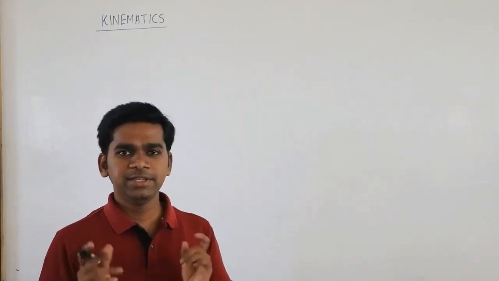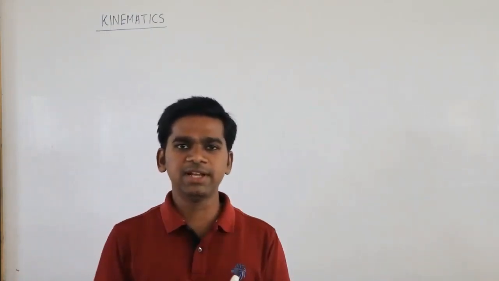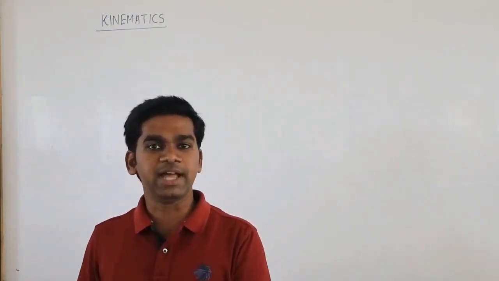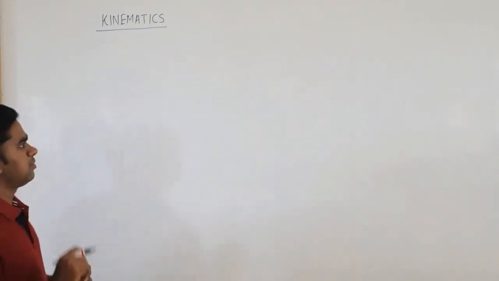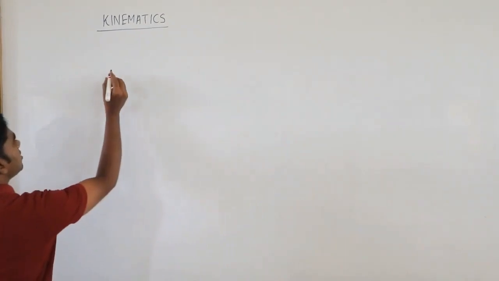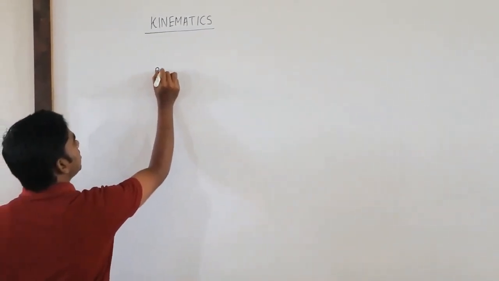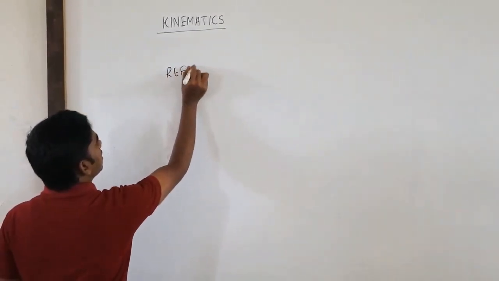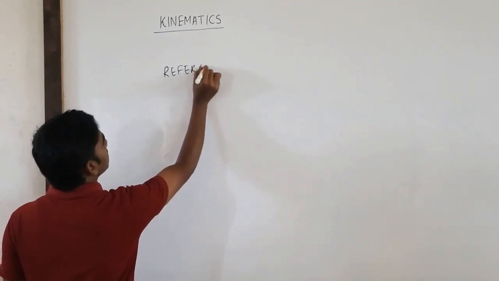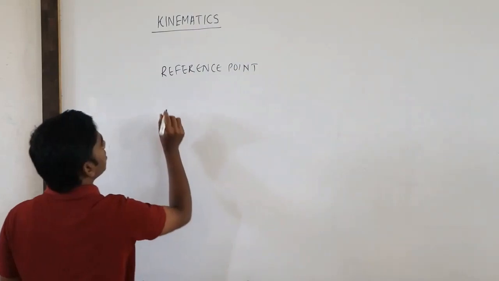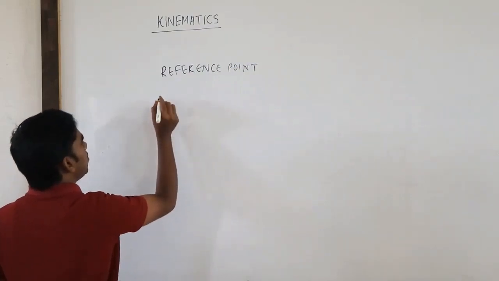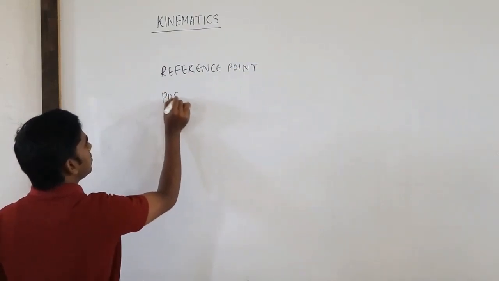And we are in the bridge course. You already know we are discussing whatever you are studying in your high school. So yesterday we became very clear on some points. One is something called a reference point, and we also discussed what exactly position is.